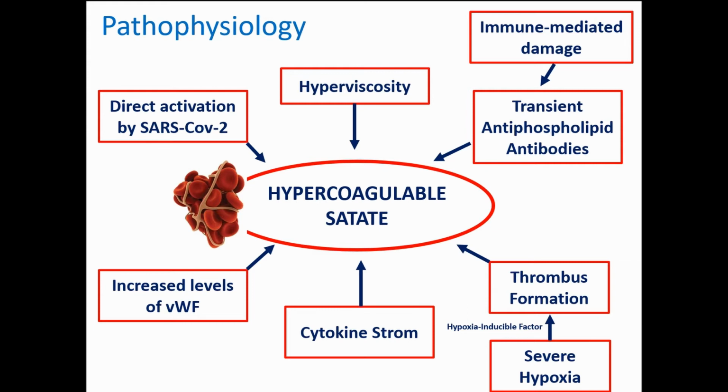Antiphospholipid antibodies are transiently seen actually in bacterial infections, in other viral infections, and even sometimes in fungal infections. Okay, so with respect to antiphospholipid antibodies, I personally would like to know whether it's permanent.